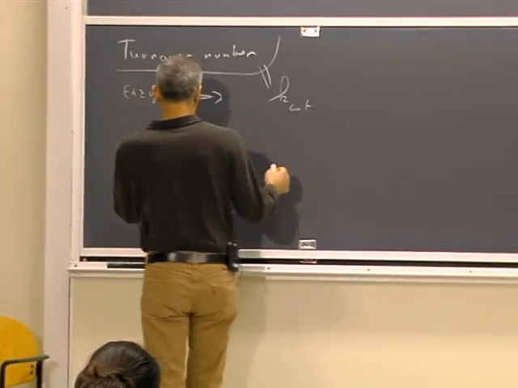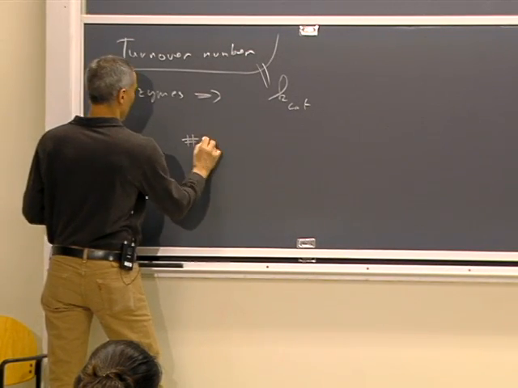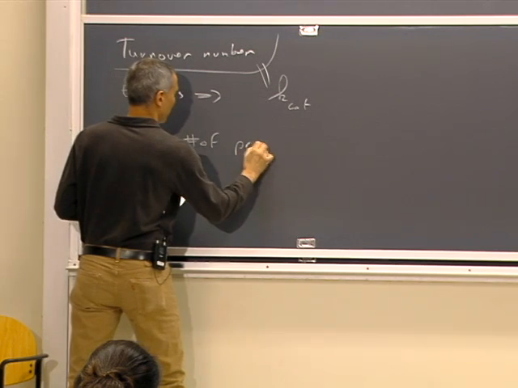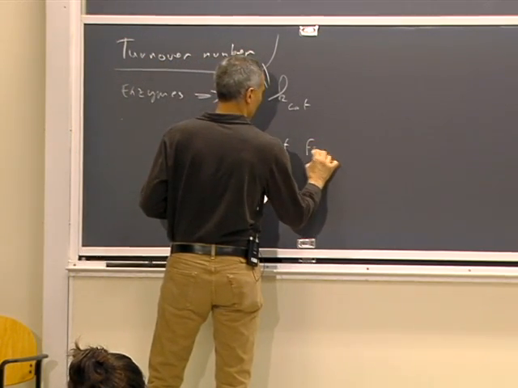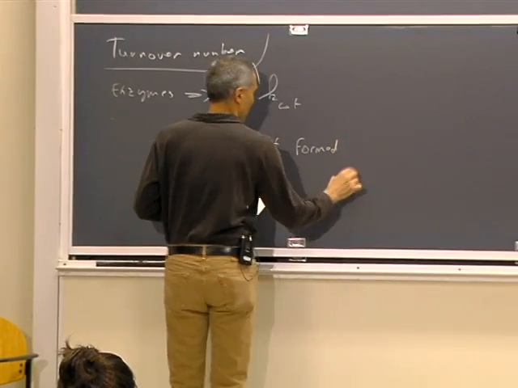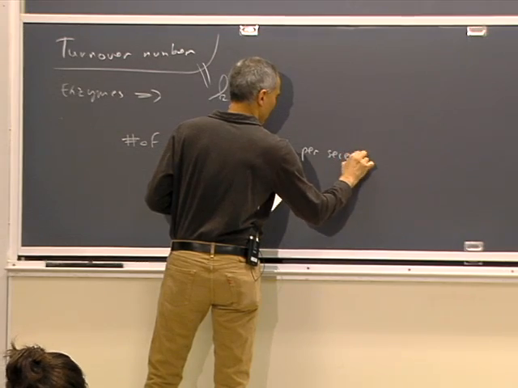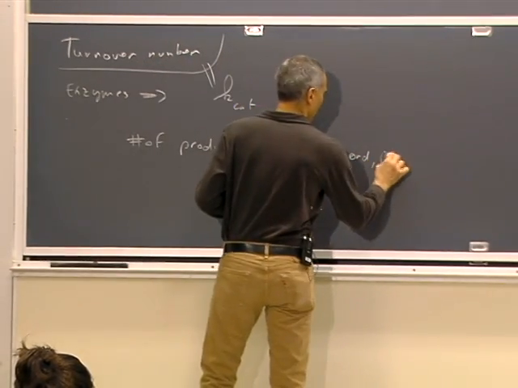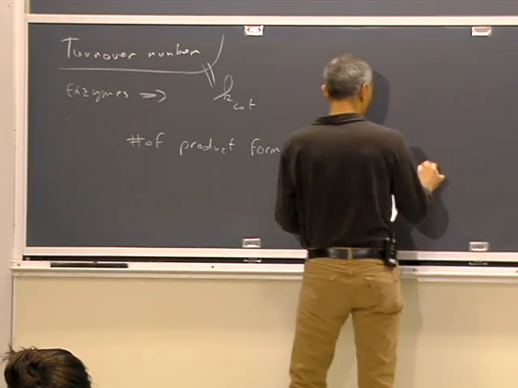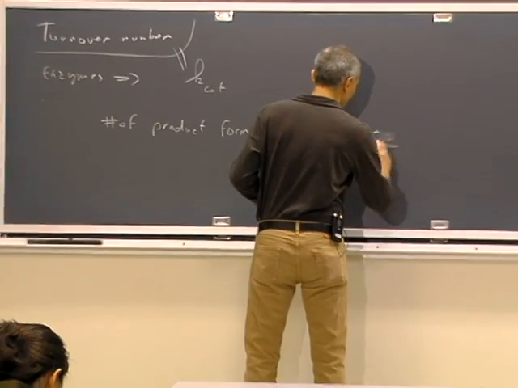So let me write it out. It's the number of products formed per second per enzyme, per molecule of enzyme.